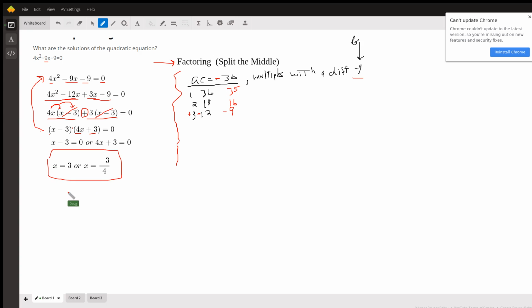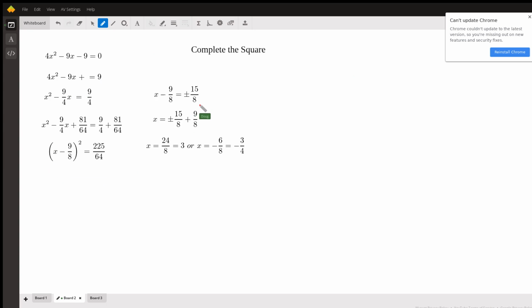Okay. Now on board 2, you can pause the video and look at what I did here to complete the square. Completing the square requires you to take the constant term to the other side, divide through by the leading coefficient so that we can complete the square quite easily. So here I've divided every term by 4.